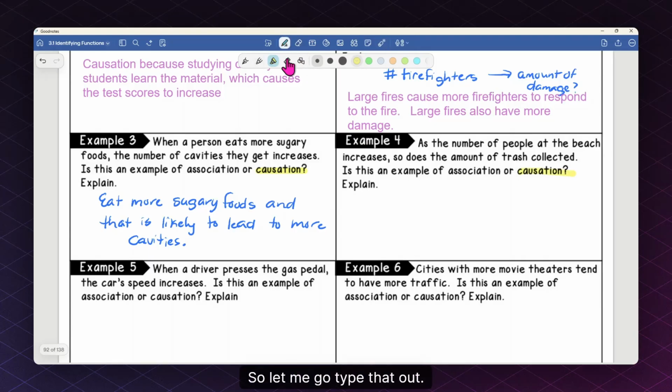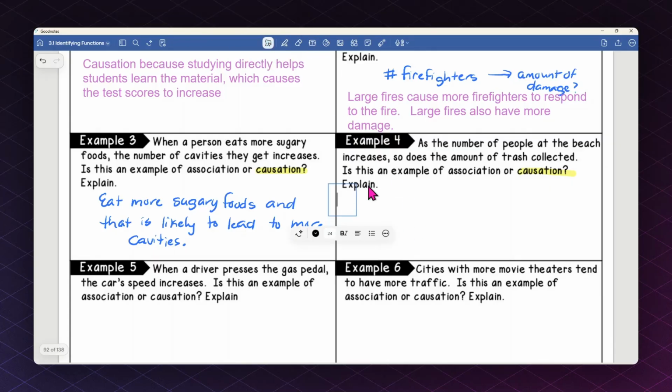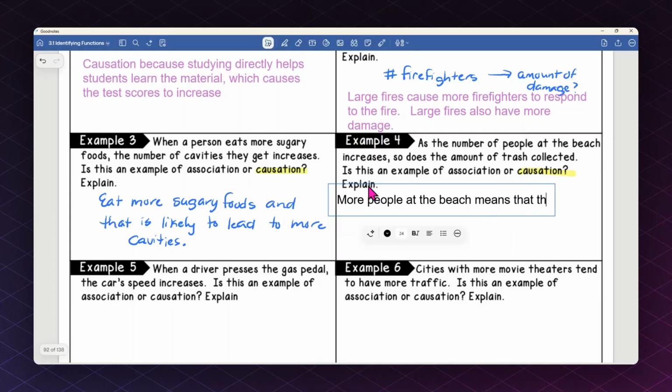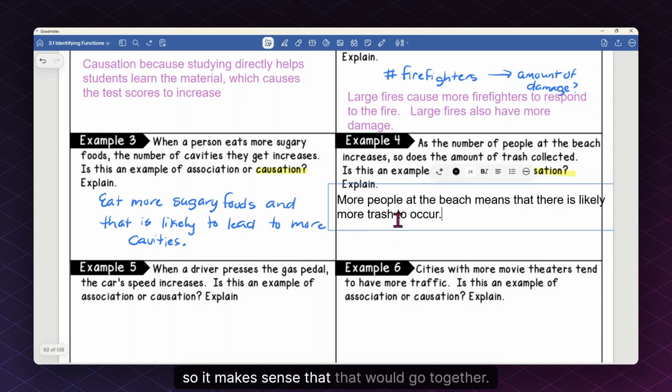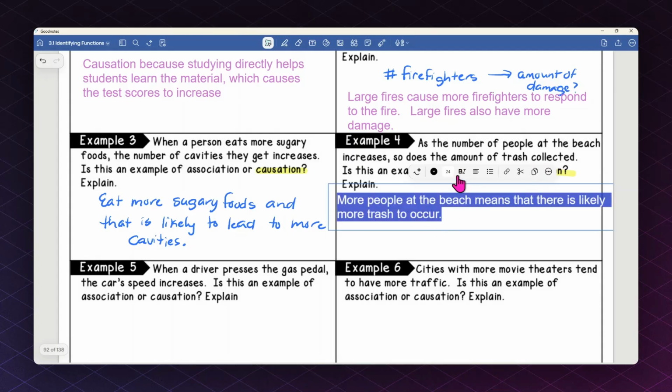So let me go type that out. Okay, so more people at the beach means that there is likely more trash. Okay, so it makes sense that that would go together. So let's go ahead and I'll change colors on this, and then we'll go to the next one.